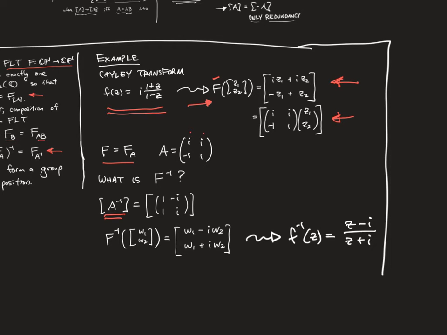So you just use the usual formula for the inverse, but you forget about the determinant in that formula. And so the way you remember it for 2 by 2 matrices is you switch the elements on the main diagonal and then put minus signs on the off diagonal, and you get immediately what the inverse map is of the Cayley transform.